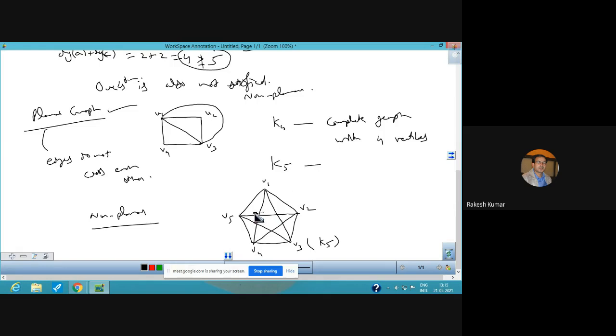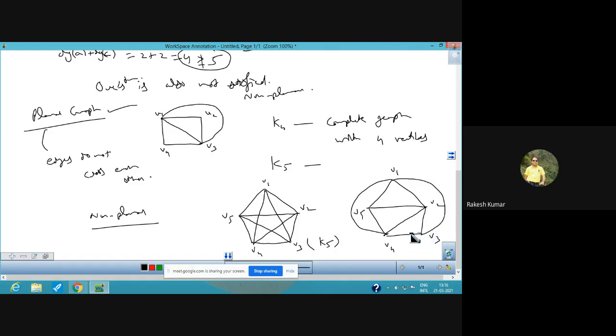So is it possible to draw all the edges so that the edges do not cross each other? We shall try here to make it planar. So these are the vertices we have. Now draw this edge and similarly draw this edge. Now these edges are not joined here, so we can join V1 with V4 and V1 and V3.